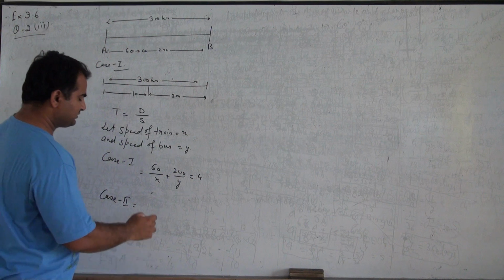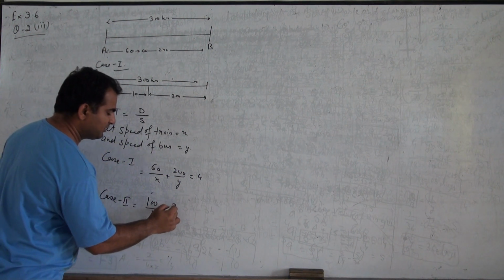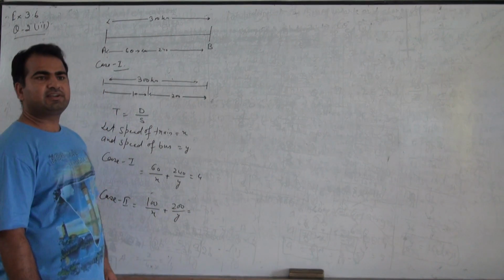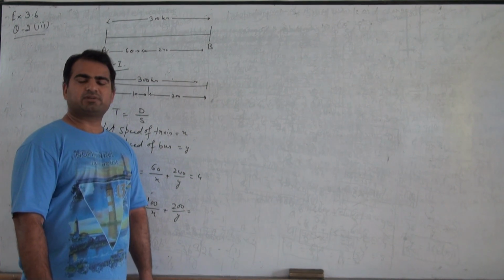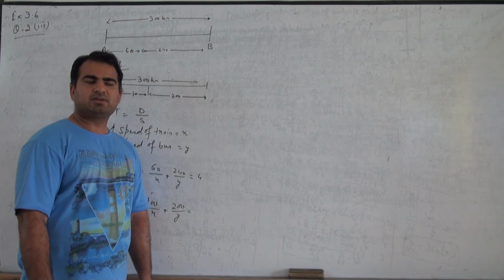And case number second, she travels 100 kilometers by train and the remaining 200 kilometers by bus, and it takes 10 minutes extra. If we convert 10 minutes into hours, it will be 10 by 60 or 1 by 6.